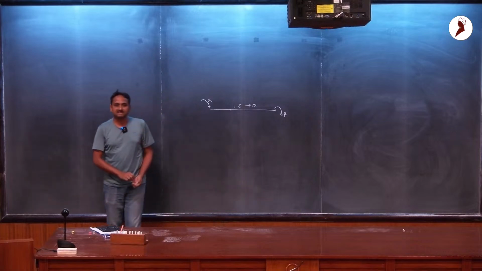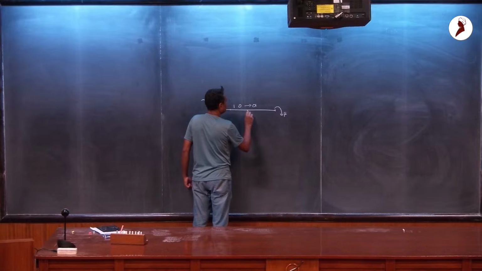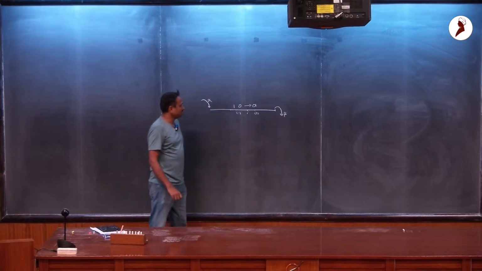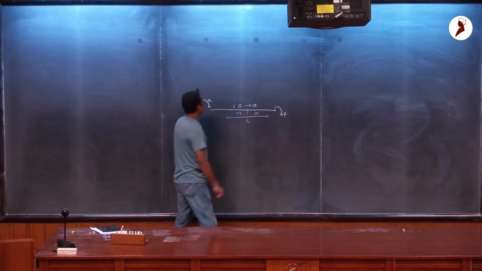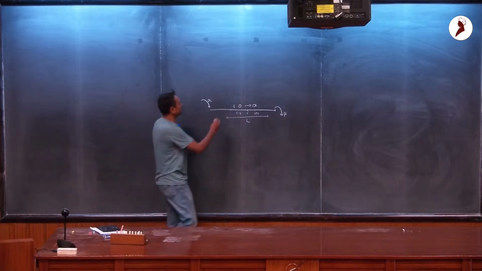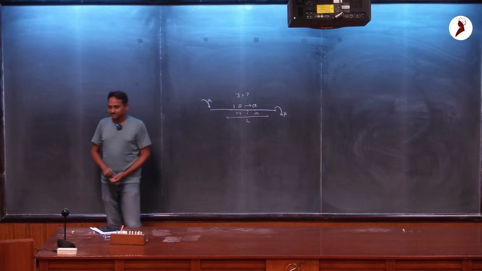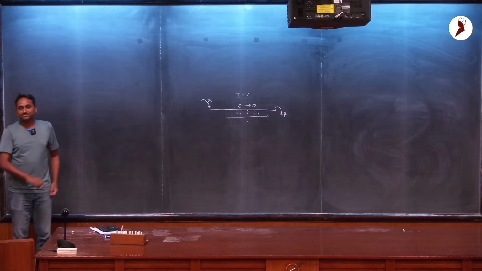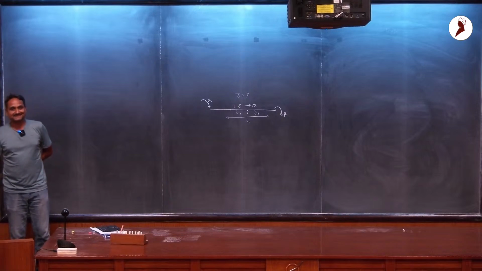Generally the sites are i-1, i, i+1, and the length of the system is L. So what will happen to the system? One main question is: what is the current? This is the problem we wanted to solve, and we will see how it connects to the problem we discussed yesterday during the tutorial.